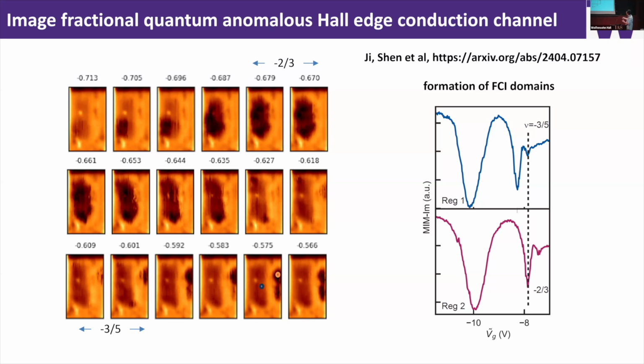So this measurement shows that it's possible to engineer domain boundaries between two fractional orders. These two orders have different Chern numbers, and they share these domains. That means we can carefully design our samples to create topological domains with different fractional orders. There's some interesting physics we can do there.